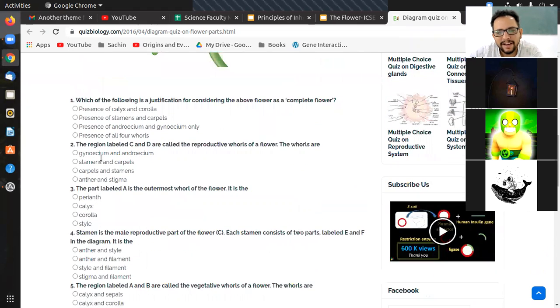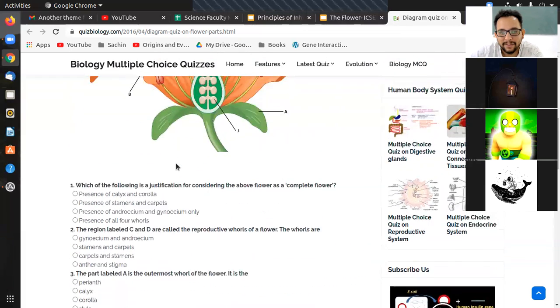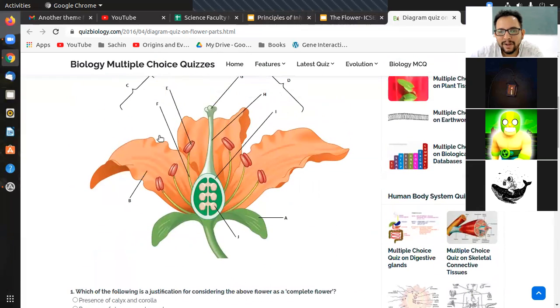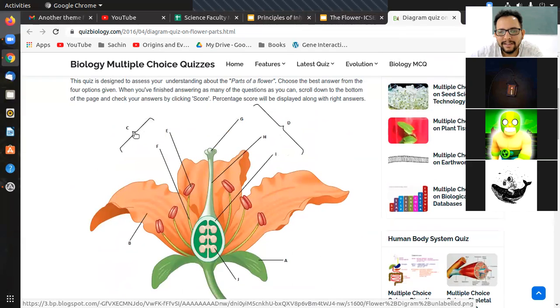So the options are kind of confusing here: gynoecium, androecium, stamen, carpel, carpel, stamen, anther, stigma. But the reproductive parts are actually gynoecium and androecium. Look at where this parenthesis is made.